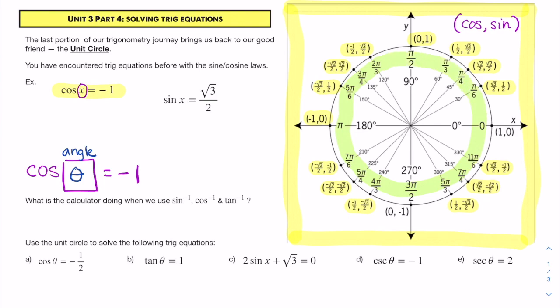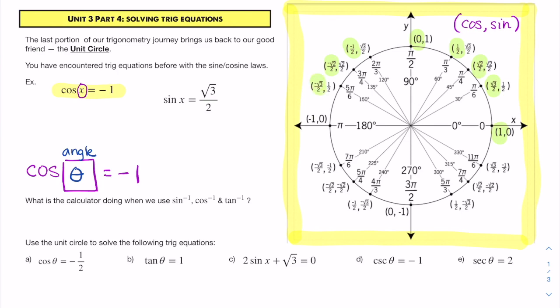So you're going to be telling me anything in here as your answer. Okay, so now we moved inside of the circle. So let's go ahead and look at the circle for a second. Let me get rid of all these yellow marks. Okay, so we're looking for a cosine that is -1. So let me go ahead and highlight some of the cosines for you. So cosine, cosine, cosine, cosine, cosine.